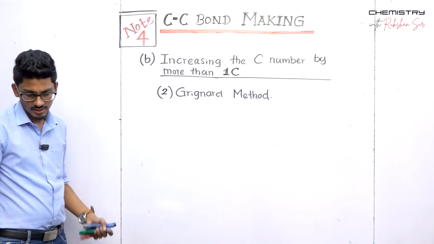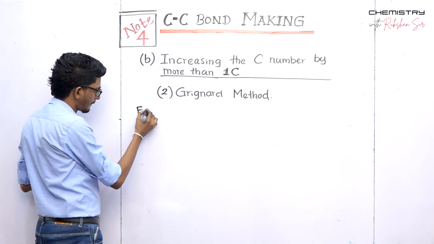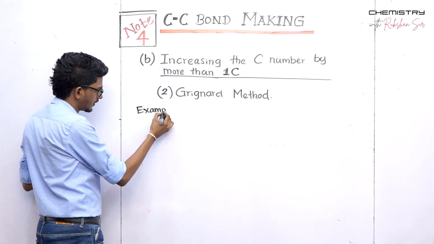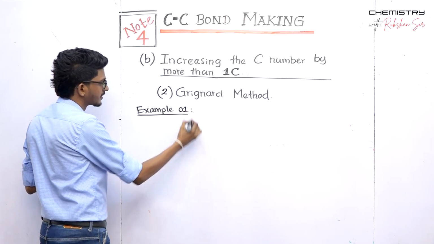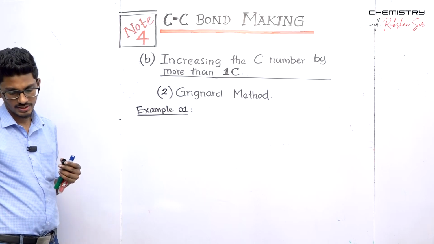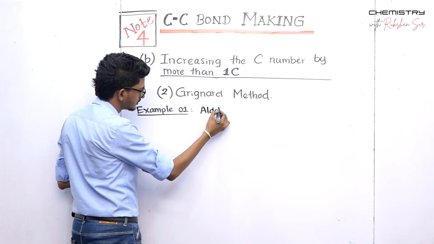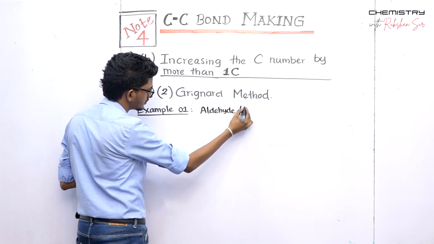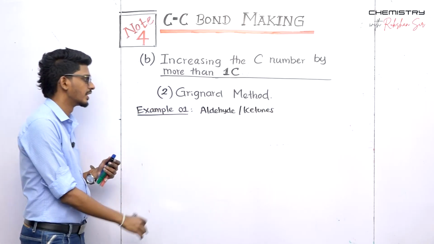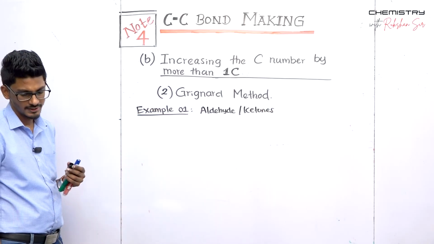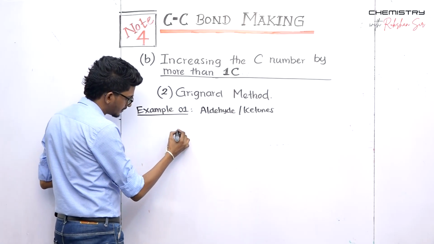Let's do the example. Example 1 for the Grignard conversions: Grignard with aldehydes and ketones. Let's see.